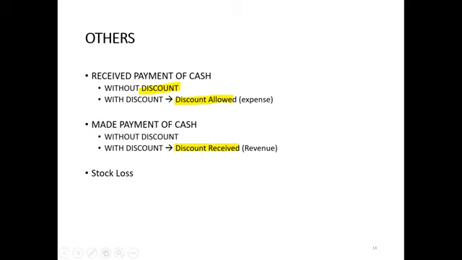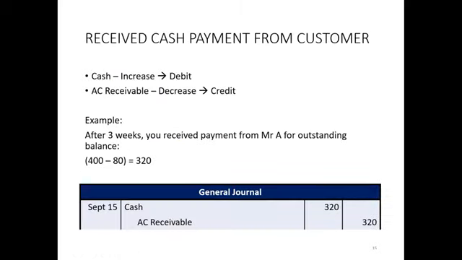So, for example, when you receive cash payment from a customer, before this you sold 5 units at a price of 80. So you sold for 400, he returned 1 unit of 80 to you, so the amount outstanding is 320.